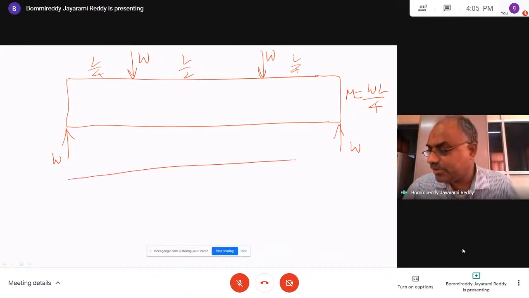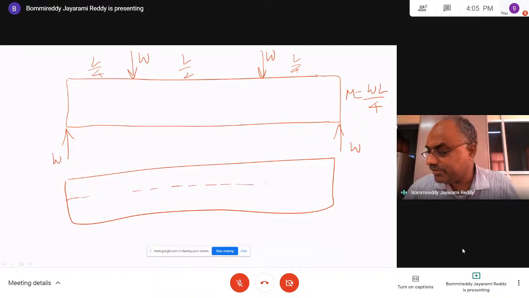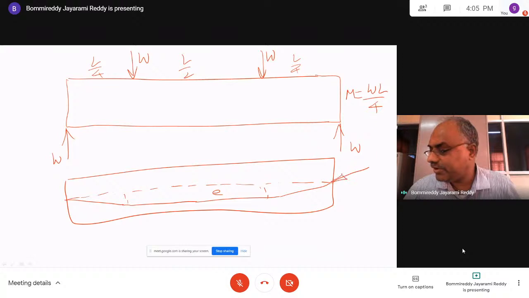And how are the cables provided here? This is the neutral axis. It should be provided only like this: with constant eccentricity from this point to this point, and beyond that it will be joined to the original.